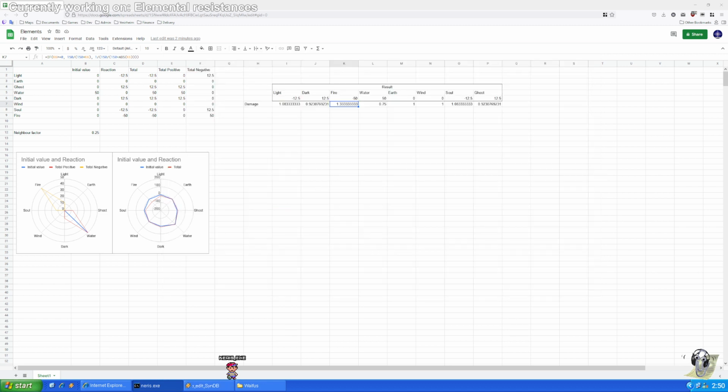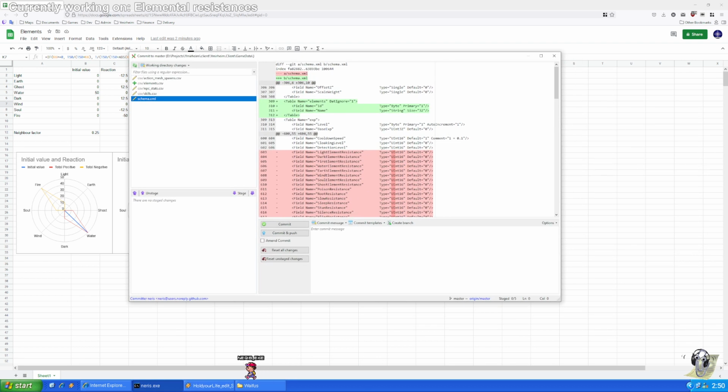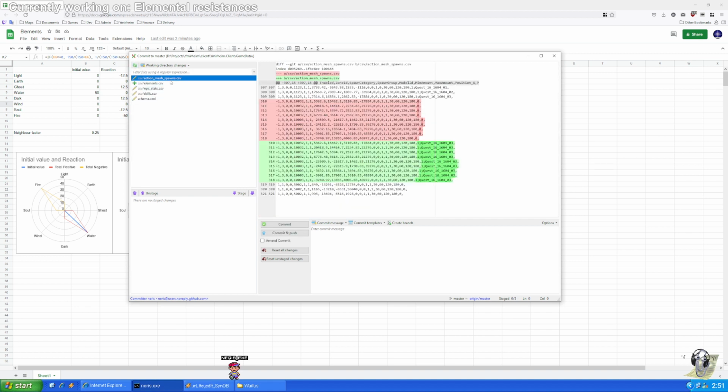Now the data tables. What is this? Oh, this is something that they fixed but forgot to commit. No, this is a reverter of my fix.